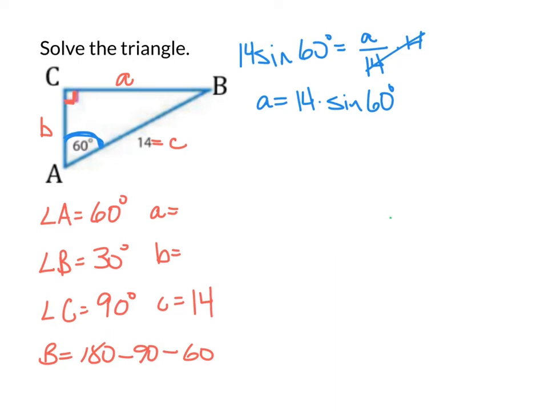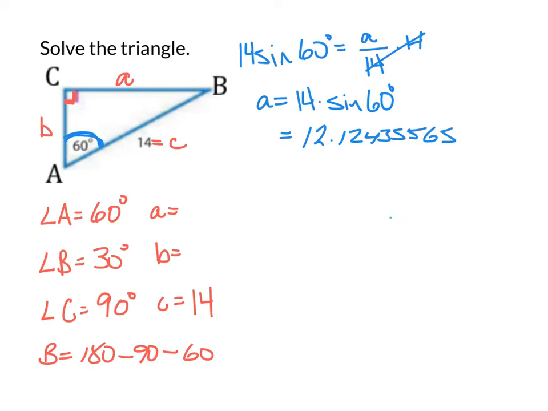So when you type in 14 sine of 60, what you should get out is 12.1243565, a big long decimal that is never ending, never repeating. What should we put down for our answer?